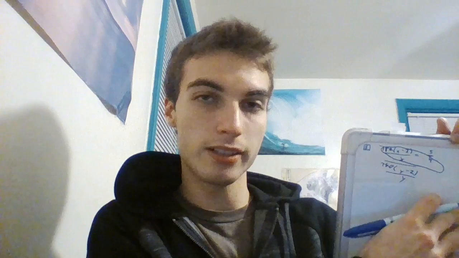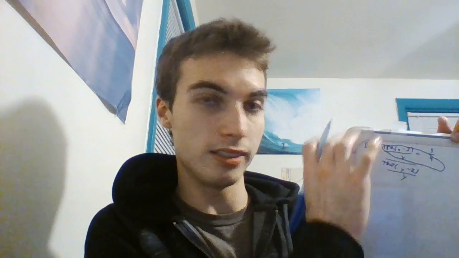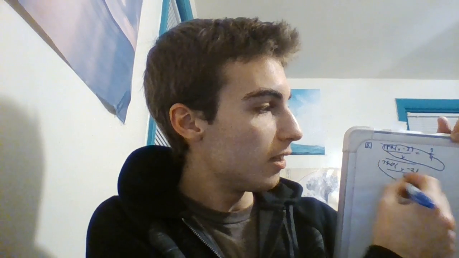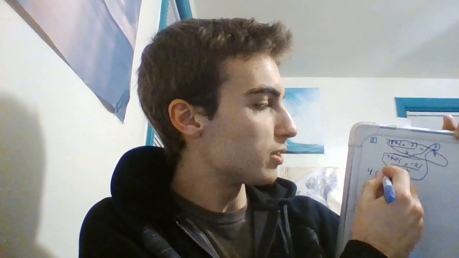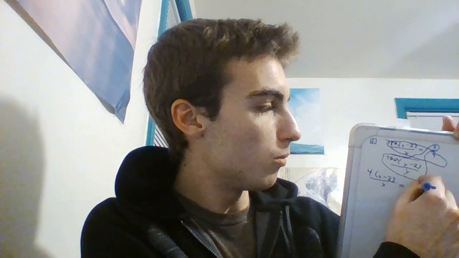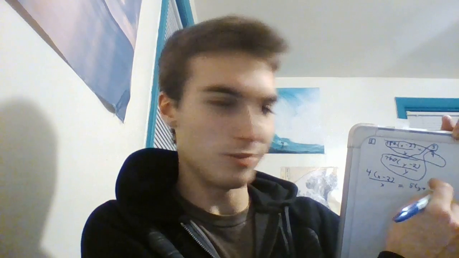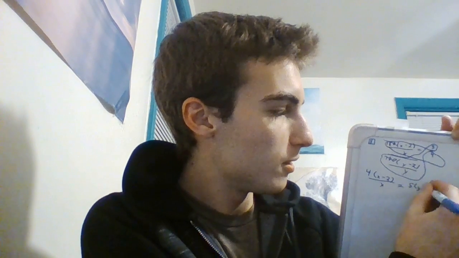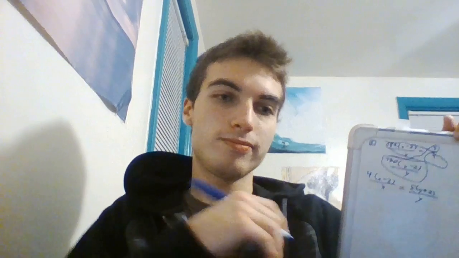And then, if we're treating this as a proportion, we can cross multiply: denominator times the entire numerator, entire denominator times numerator. So we would get 4 times the quantity x minus 2 all over x equals 5 times the quantity y minus 2 all over y.